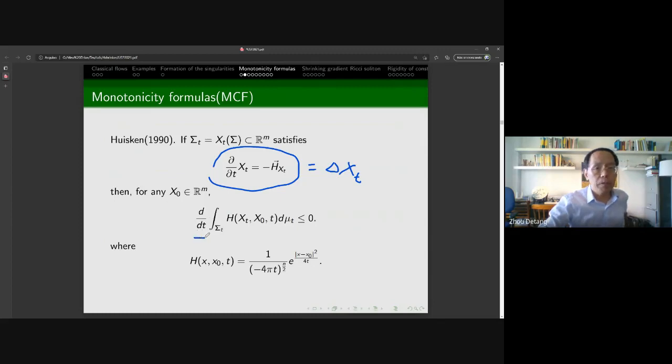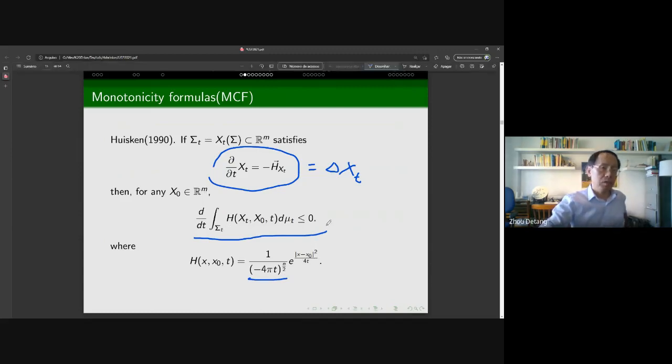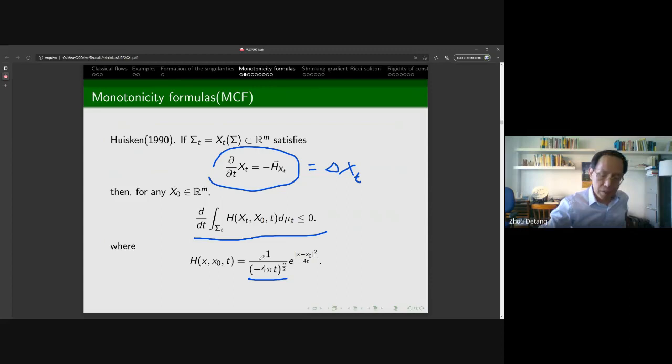He proves that this is also less than or equal to 0, but here h is not exactly the heat kernel, because now the manifold has dimension n, so it is similar, but not the same. So they have this monotonicity. That is quite surprising. In particular, if you take a variation formula, it can produce the self-shrinkers.